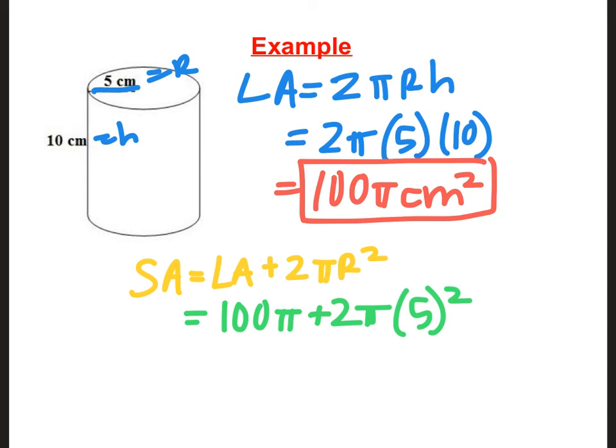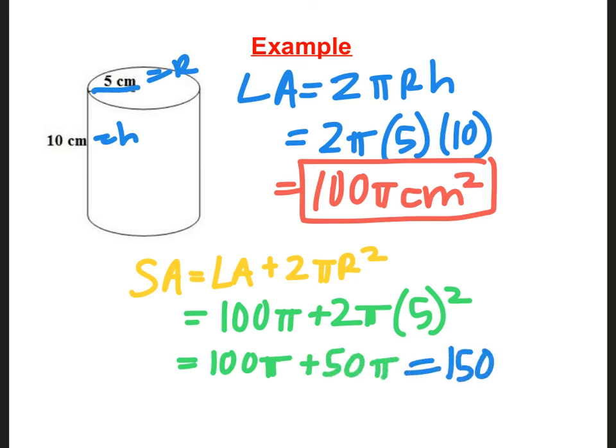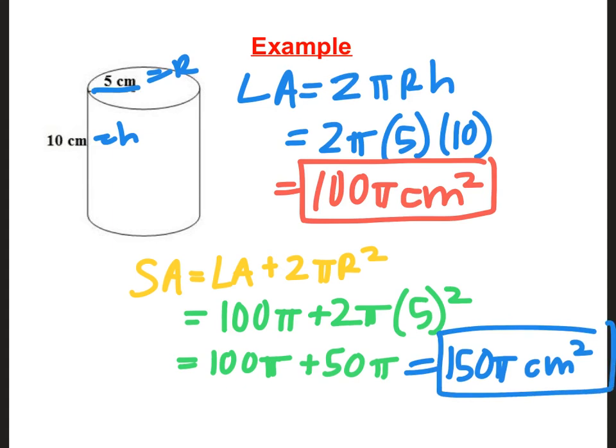If I square 5, I get 25. If I multiply it by 2, I get 50. So I really have 100 pi plus 50 pi, which would give me 150 pi. Again, we're talking area, so my units need to be squared, so it's going to be centimeters squared. So 150 pi centimeters squared is your final answer.